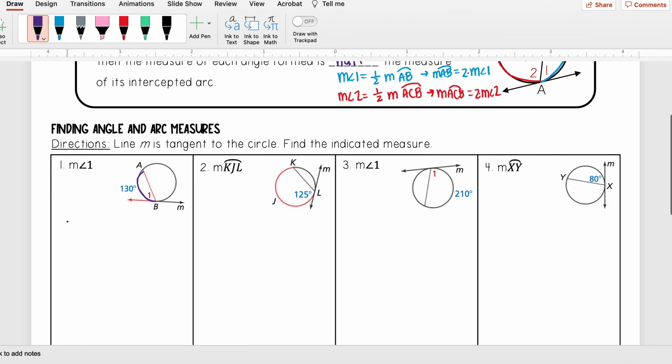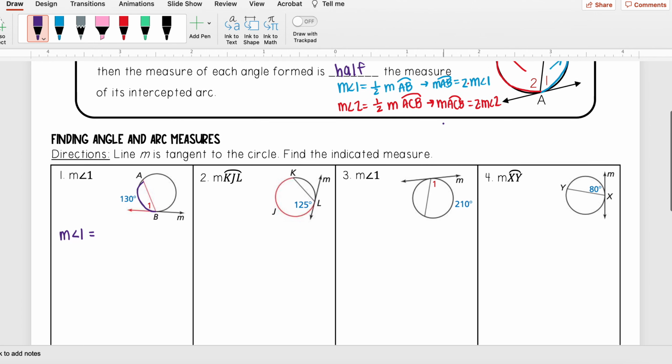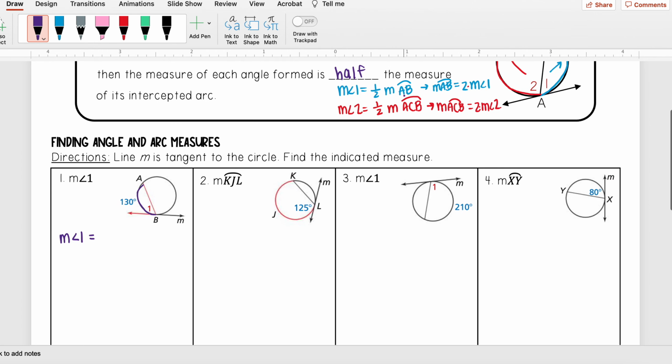So that means that the measure of angle 1 is going to be half the measure of that intercepted arc, so half of measure of arc AB. So half of 130. And so we get the measure of angle 1 is equal to 65 degrees.